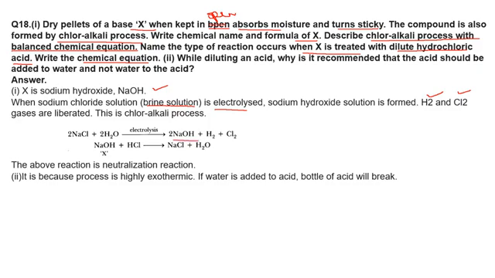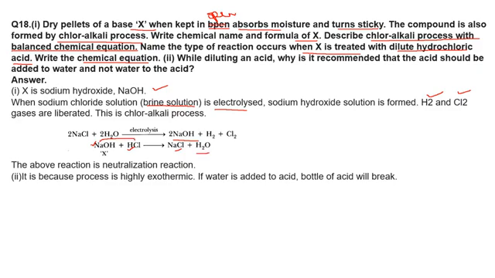So here we can write down the equation also. Name the type of reaction that occurs when X is treated with dilute hydrochloric acid. Now NaOH, when treated with HCl, gives NaCl and H2O, right? So this is a neutralization reaction.